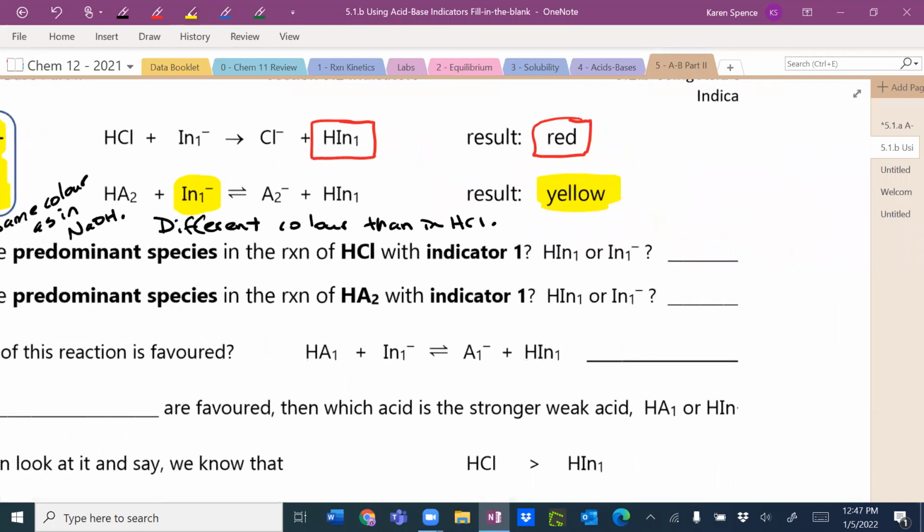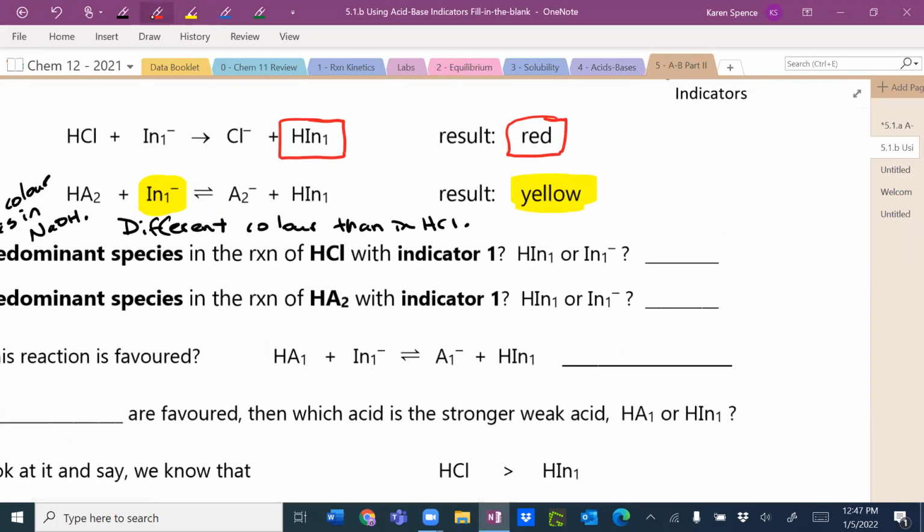So the predominant species with HCl is the HIN, okay? Out of our two choices, HIN versus IN minus. With HA2, on the other hand, we mostly see the yellow color, the IN minus, so that is our predominant species.